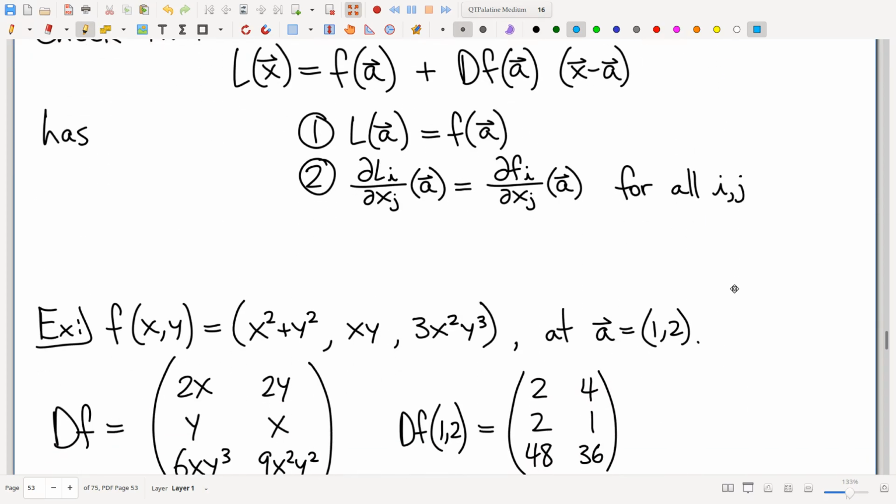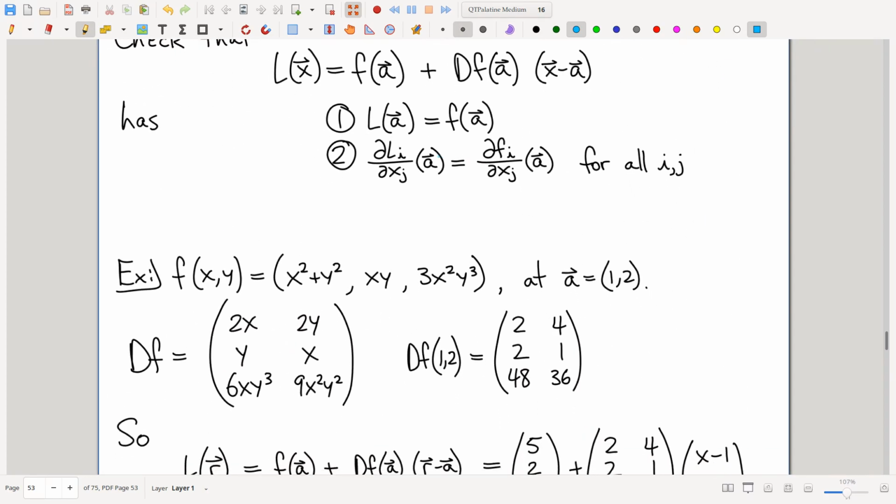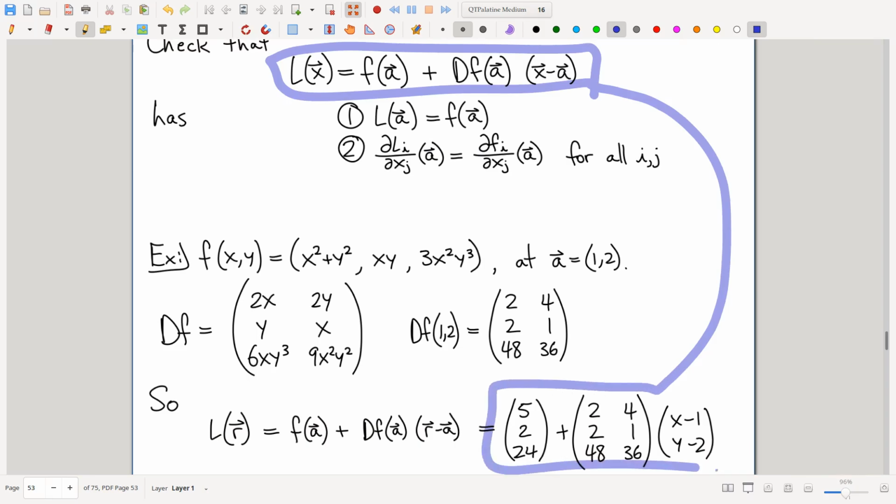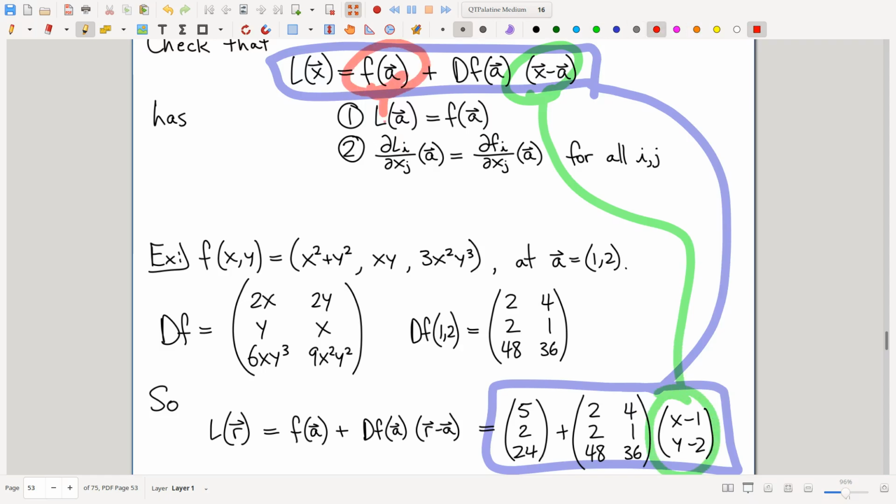Okay, so again, a little plug and chug down here. I'm going to let y'all read this one. This is pretty straightforward. Again, I'm just taking our general formula here and plugging in, and again, x minus a, well, there it is, and f of a, well, plug it in, there it is. Keep in mind, in this example, it's a vector valued function, and so the value of the function is a vector, as it should be.